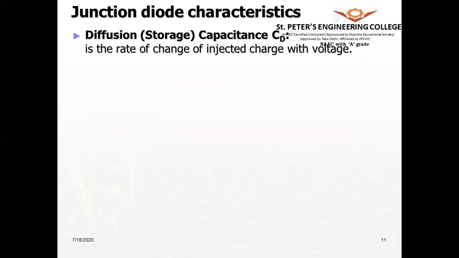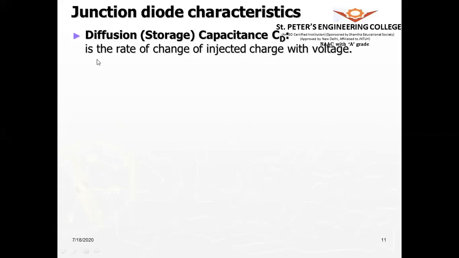As we can see from the characteristics of the diode, the charges are built up around the junction. Therefore, it acts as a capacitance. There are charges stored around the junction, so we can see the effect of capacitance in that. Let us look into the diffusion capacitance CD.